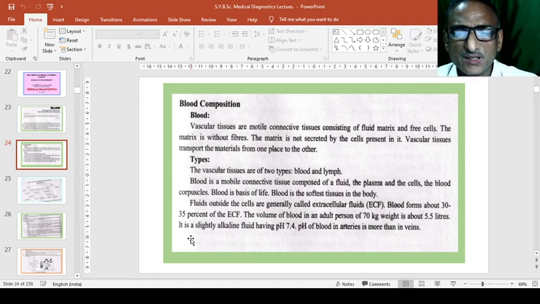The volume of the blood in the body is about 5.5 liters in a 70 kg person. So this is the average and normal. Second, we call them blood cells or corpuscles. WBCs are cells and RBCs are corpuscles, because cells have a nucleus and corpuscles do not have a nucleus.